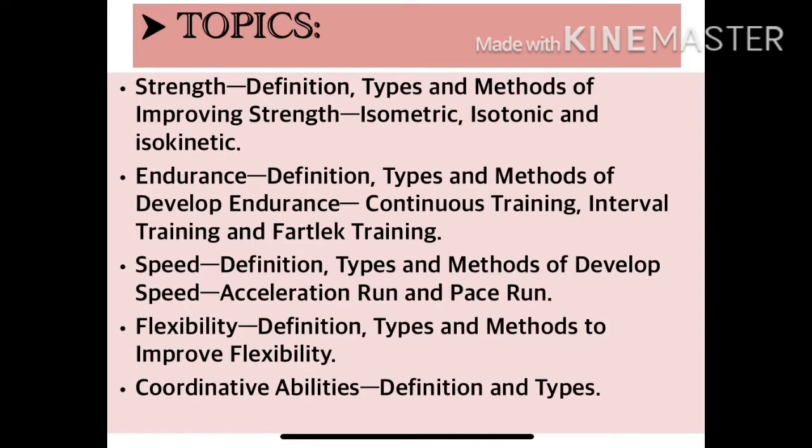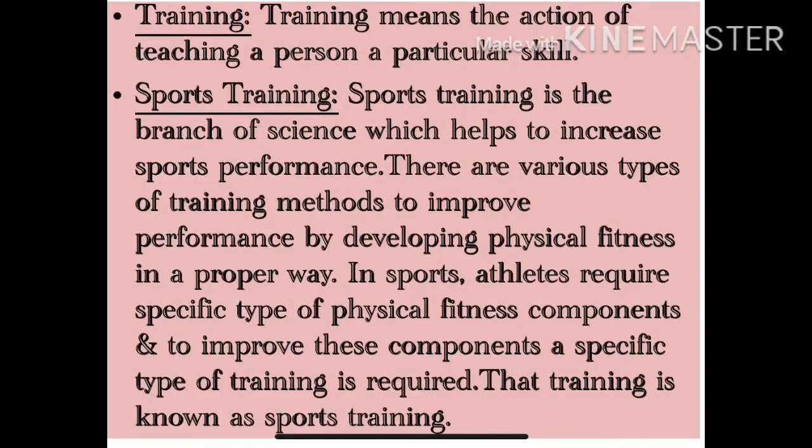So to understand these components of physical fitness, firstly, we have to understand the meaning of training and sports training. Training means the action of teaching a person a particular skill, and sports training is the branch of science which helps to increase sports performance.